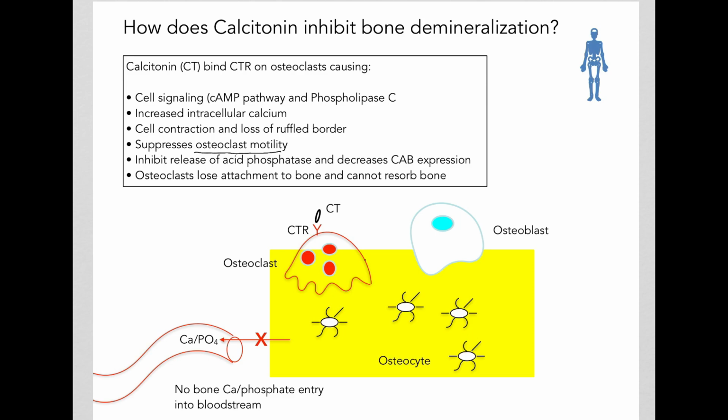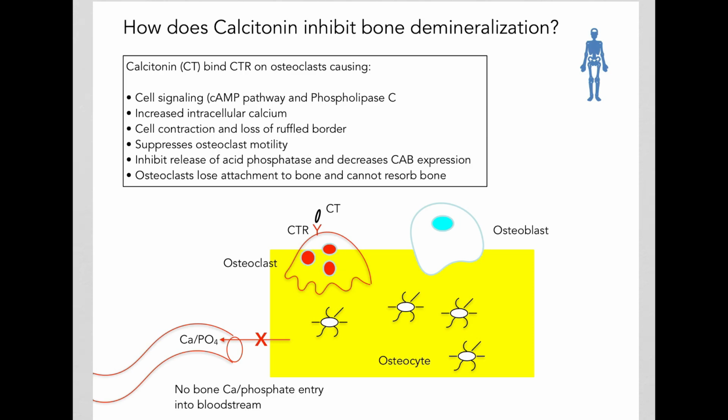Then it also inhibits the release of biomolecules necessary for degrading the bone, such as acid phosphatase that breaks down organic phosphates, as well as carbonic anhydrase expression. Remember, carbonic anhydrase is necessary to produce protons or acid that is required to break down the bone.